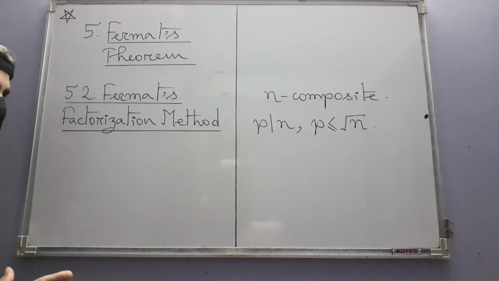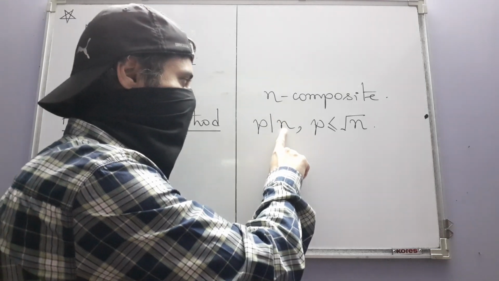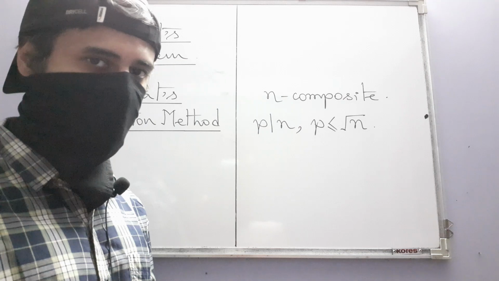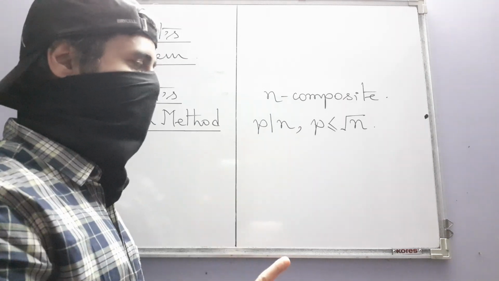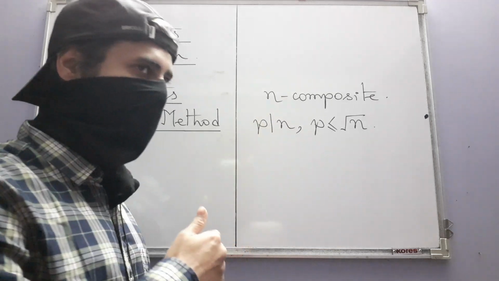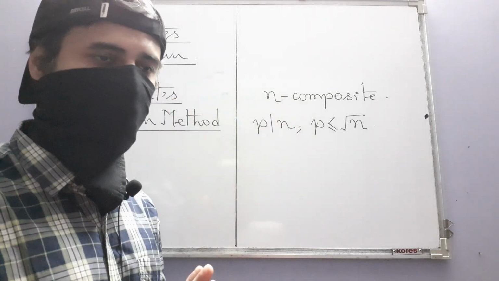But still, with this way of trying to find factors of n, if n is composite, then it will have non-trivial factors. And by non-trivial factor, I mean a positive integer factor that is different from both 1 and n.